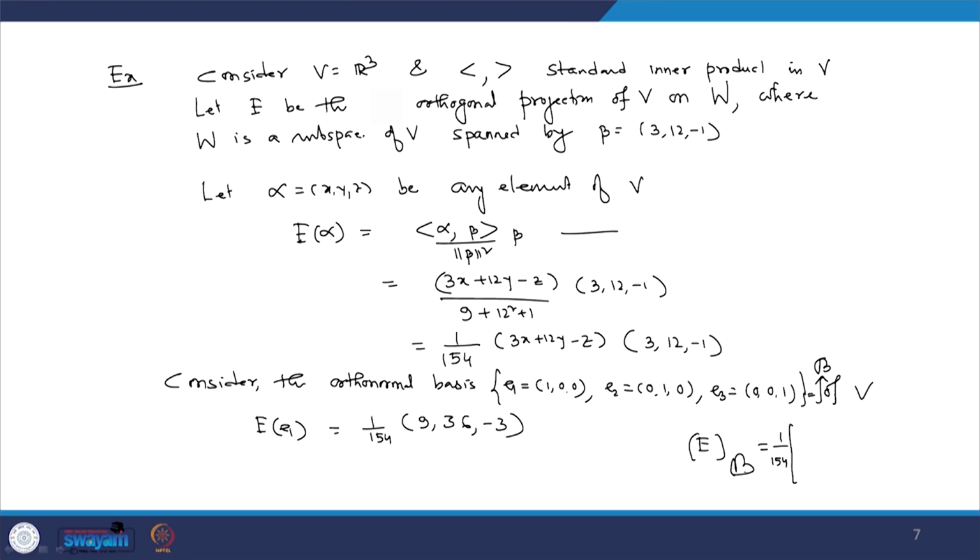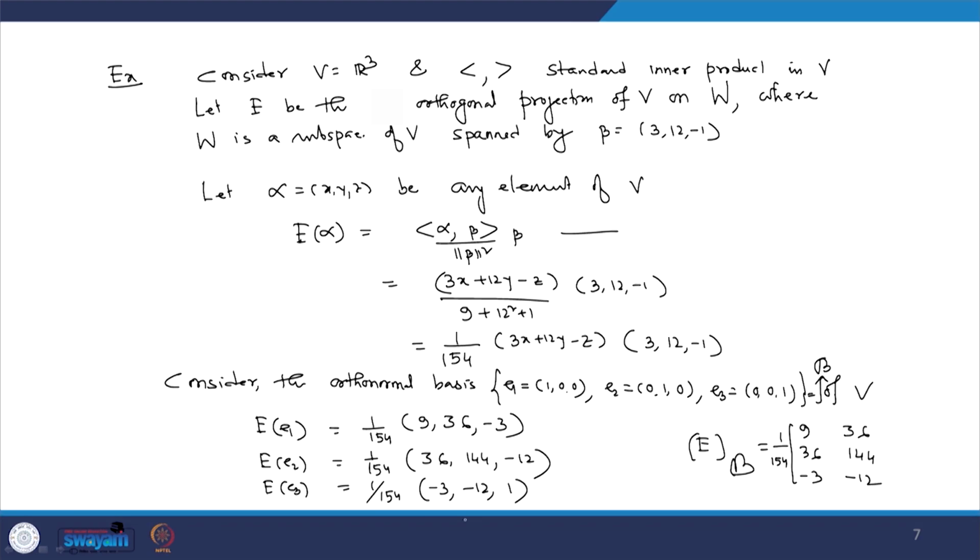Then E of E2 will be again 1 over 154 times (36, 144, -12), and E of E3 will be again 1 over 154 with z equal to 1, so (-3, -12, 1).